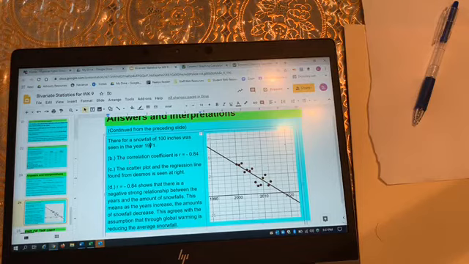Question B: the correlation coefficient is negative 0.84, as you have seen. The scatter plot and regression line are given here. R of negative 0.84 shows a strong negative relationship between the years and the amount of snow that has fallen through the years.